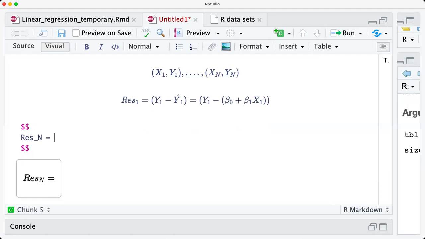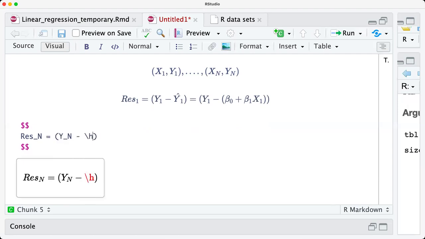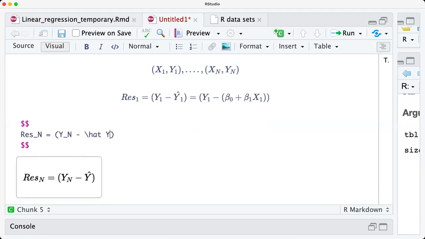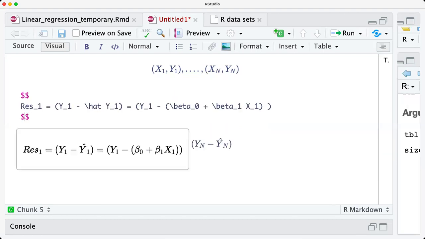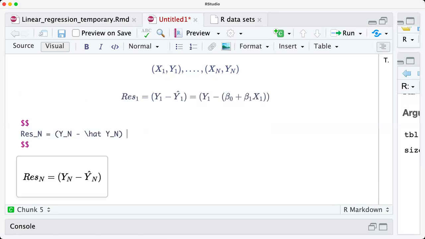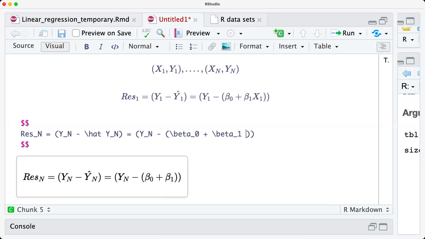For completeness, the last residual, which again is the predicted yn, is beta 0 plus beta 1 xn.